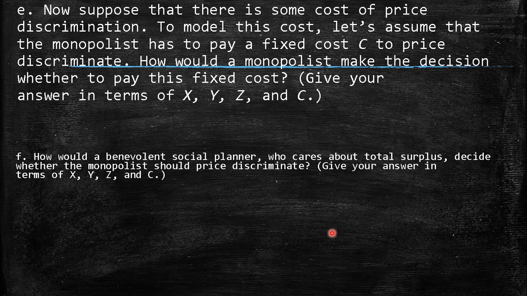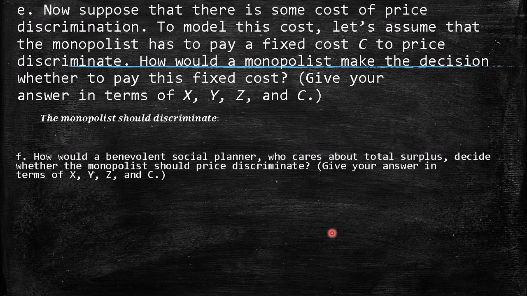And the E part says, now suppose that there is some cost of price discrimination. To model this cost, let's assume that the monopolist has to pay a fixed cost, C, to price discriminate. How would a monopolist make the decision whether to pay this fixed cost?